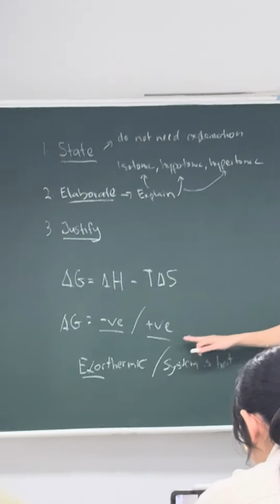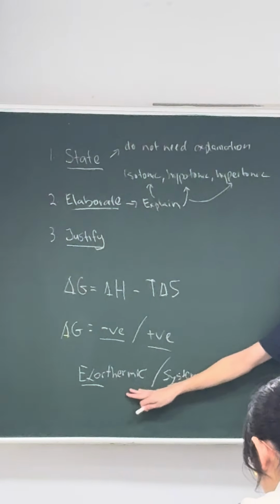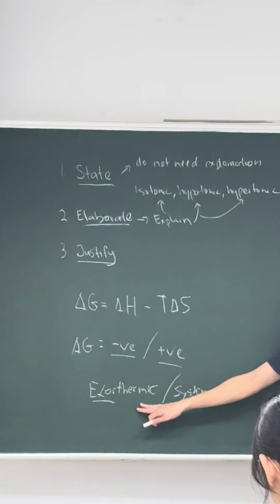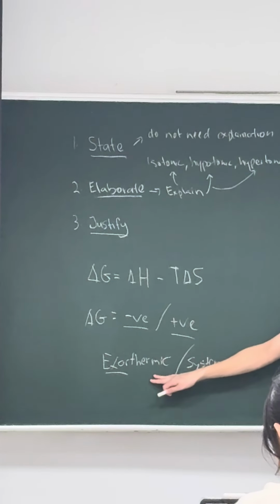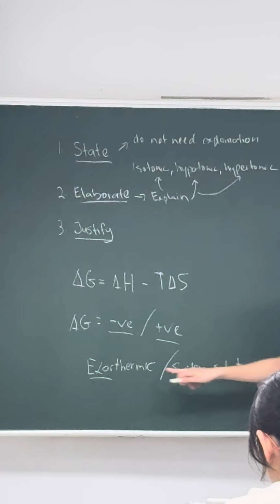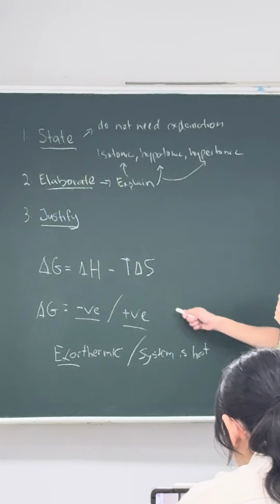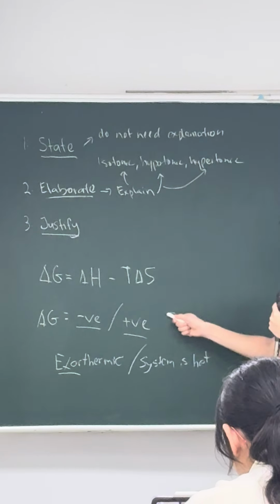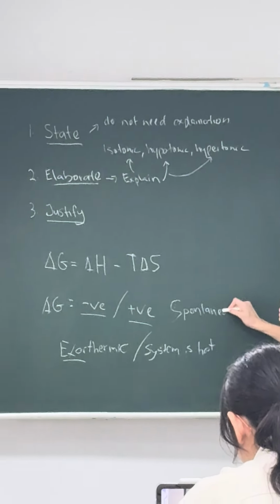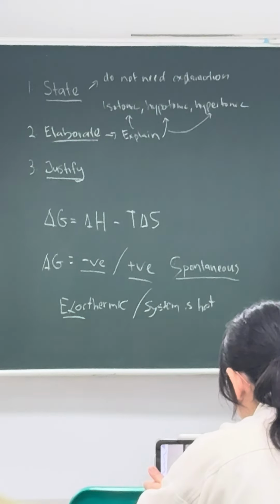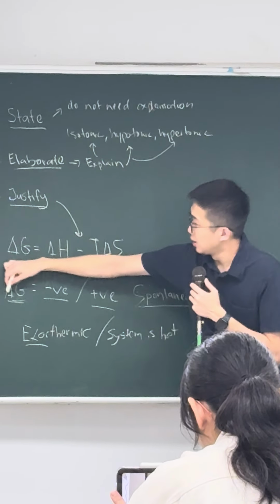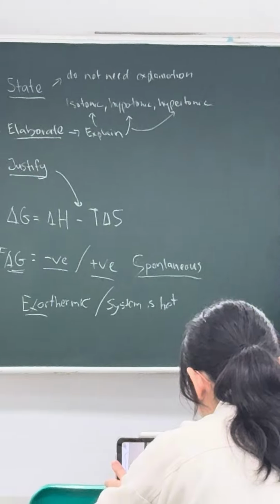So this process, exothermic, is it spontaneous or not spontaneous? Spontaneous, right? So exothermic, heat is released. This process is spontaneous. That's simple. So you need to justify based on your answer given.